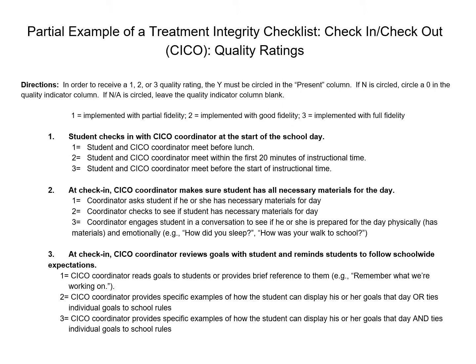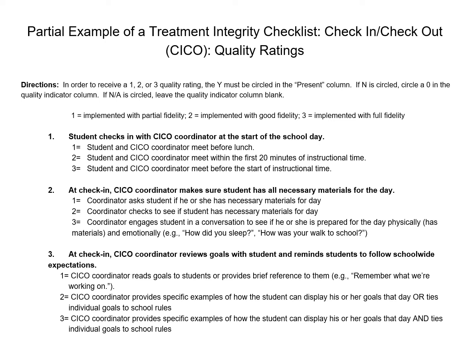This slide shows what might be considered for quality ratings. It's best to operationalize quality as much as possible. As this checklist shows, 0 means that the component was not implemented at all. Then ratings of 1, 2, or 3 correspond to the degree to which the intervention was implemented accurately.